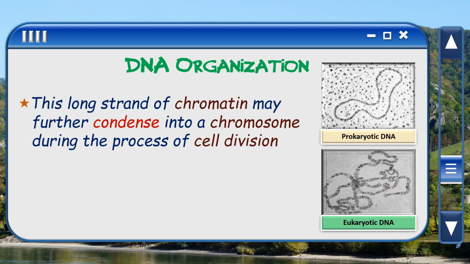This long strand of chromatin may further condense and become what we call a chromosome during the process of cell division.